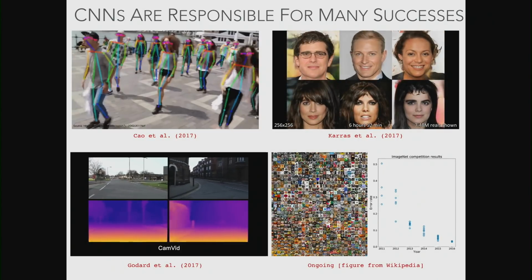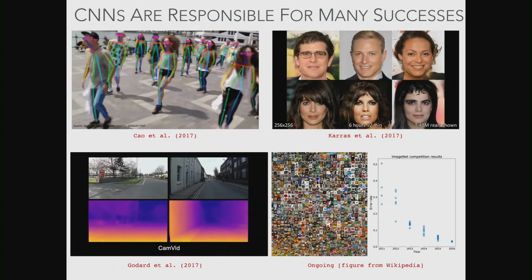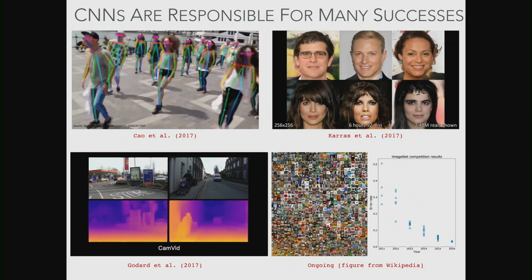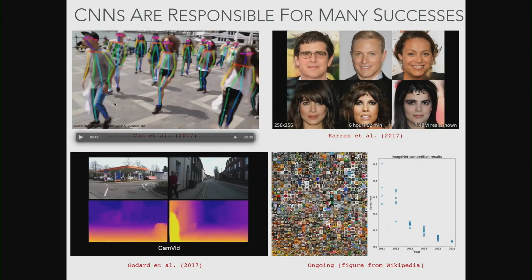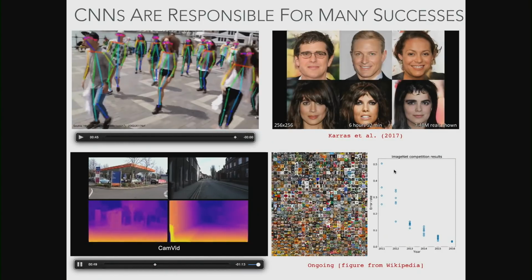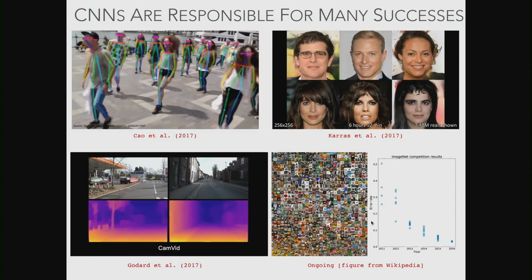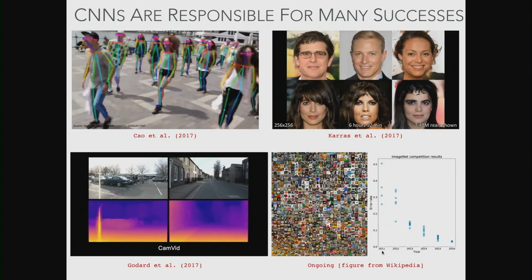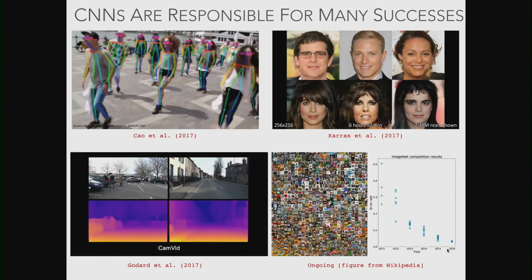And CNNs have also been great in image recognition tasks, such as the ImageNet recognition task. There's about 1.28 million images in this task, and this shows the error rate of classification, the top 5 error, in this task from 2011 to 2016.